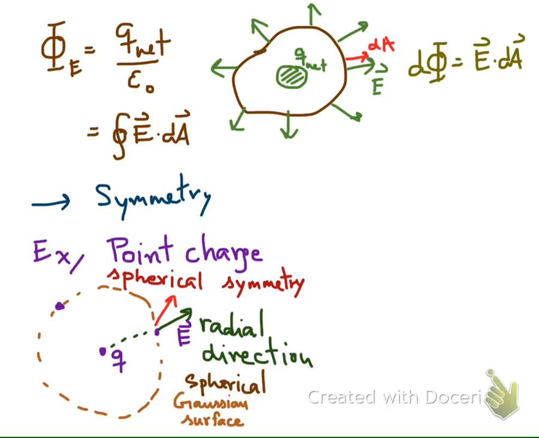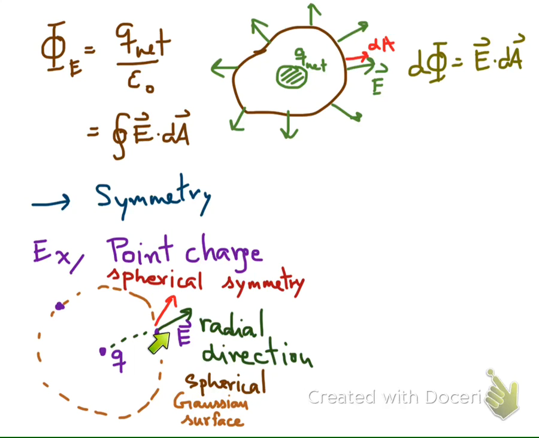But how can that happen? Because if you look from this direction at the point charge, and if you look from this direction at the point charge, you see the same thing, that is just a point charge here. So we should not expect that we will see a difference if we look at the electric field in different directions.